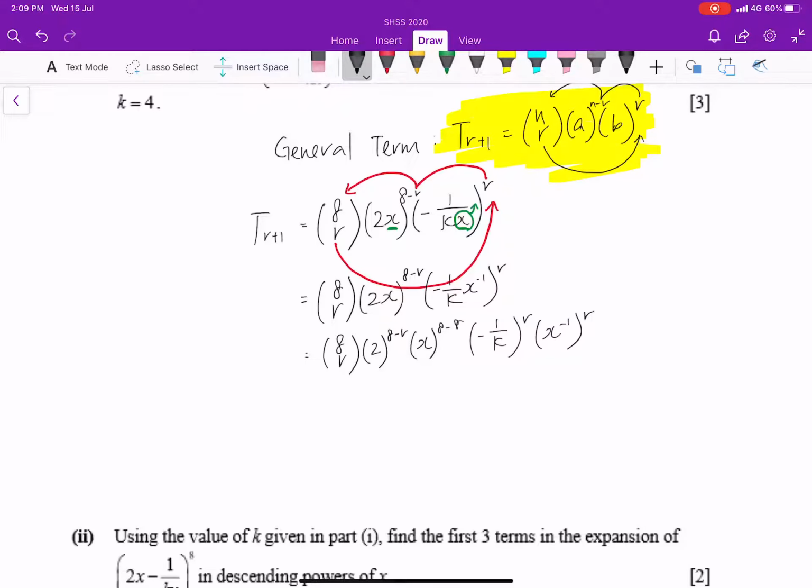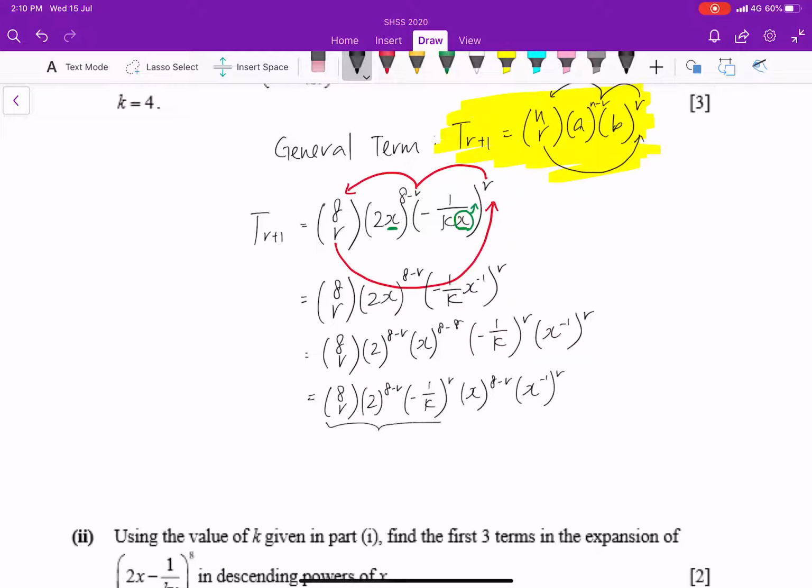Now I'm going to rearrange this whole string of things. This is obviously a number. I put all the numbers together with the minus 1 over k to the power of r. All these are numbers. I'm going to put the x alone by itself: x to the power of 8 minus r, x to the power of minus 1 to the power of r.